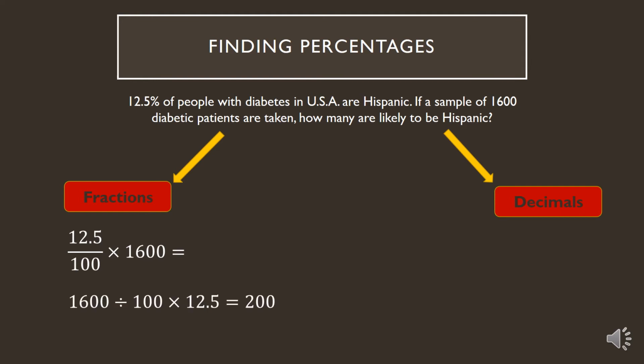So you're dividing and multiplying, and you get 200 as the answer. Decimals, write it immediately as a decimal. So 12% is 0.12, and the half, 0.5, follows on, goes into the thousandths place. So it's 0.125 multiplied by 1,600, and you get the same answer, 200.